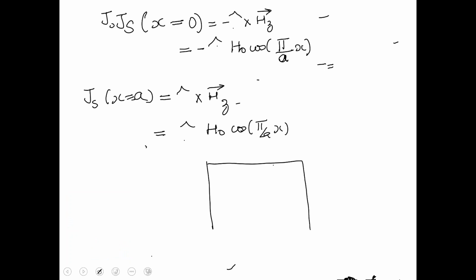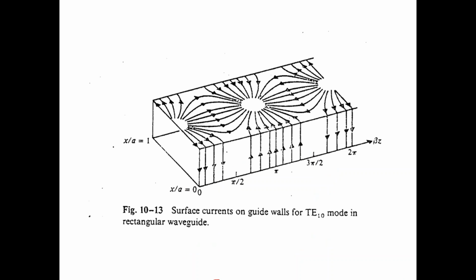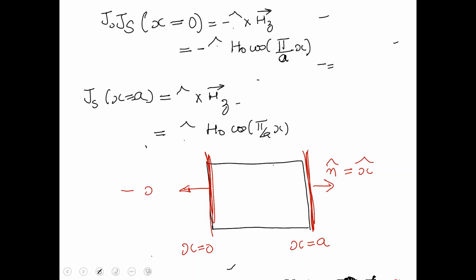We have the waveguide given like that. X is equal to 0 is this plate, and x is equal to A is this plate, and in x is equal to A plate, the normal component is going to be in x direction, and in x is equal to 0 plate, the normal component is going to be in minus x direction.